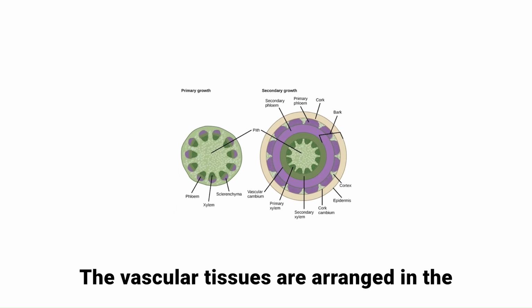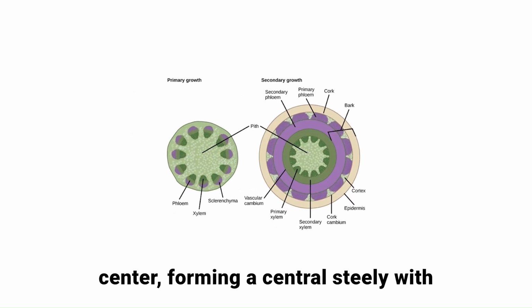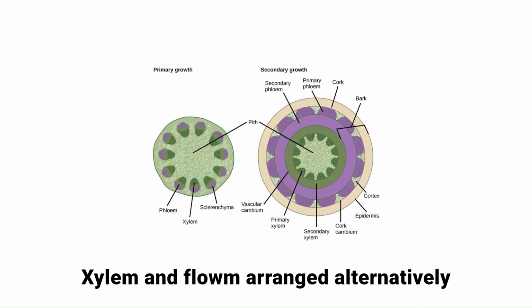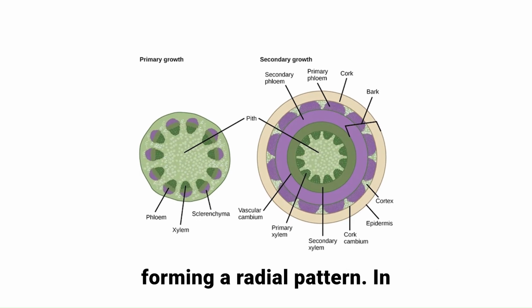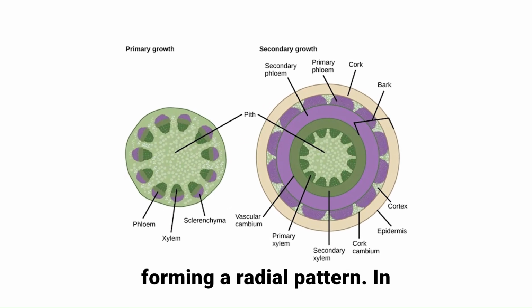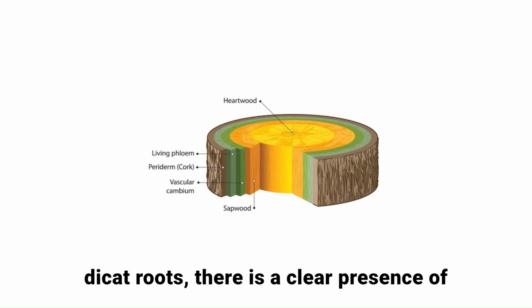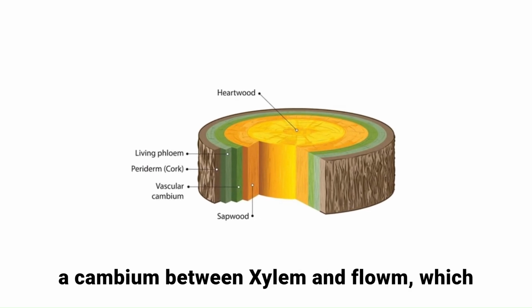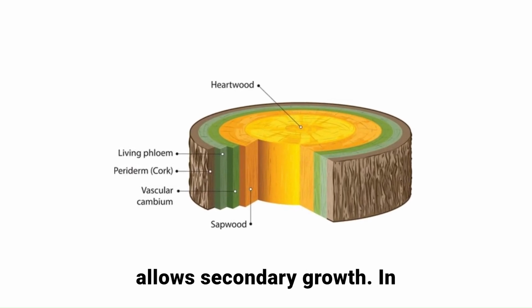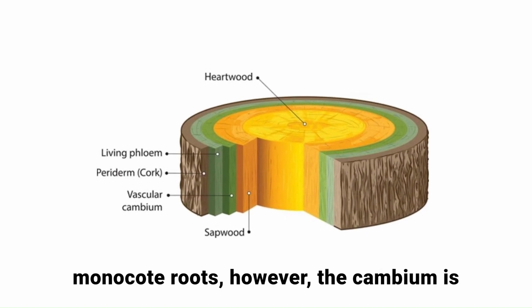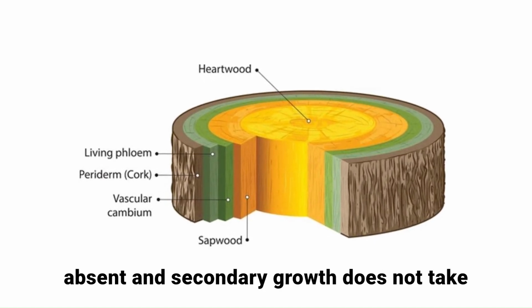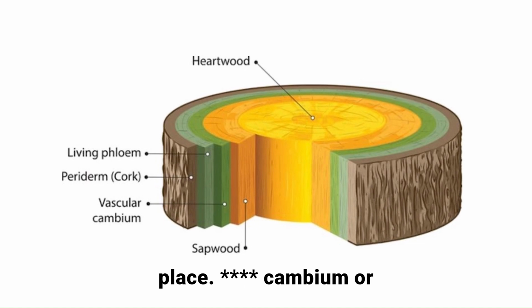The vascular tissues are arranged in the center, forming a central stele, with xylem and phloem arranged alternately, forming a radial pattern. In dicot roots, there is a clear presence of a cambium between xylem and phloem which allows secondary growth. In monocot roots, however, the cambium is absent and secondary growth does not take place.